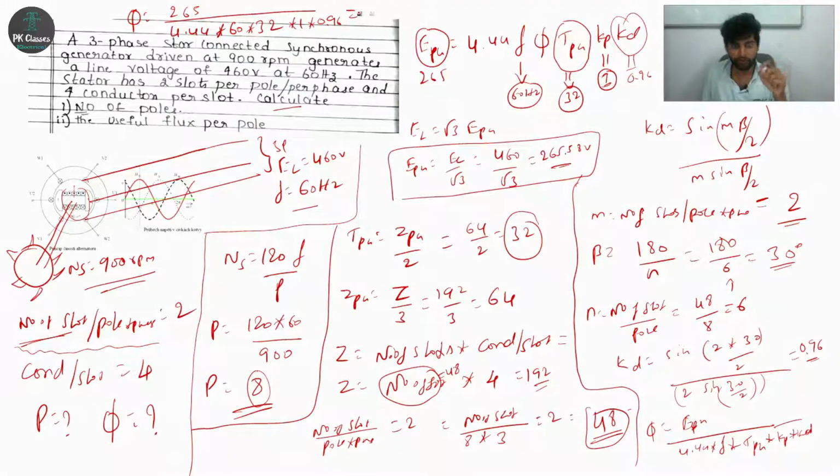Finally, flux is equal to 0.0321 webers. So the flux produced by this rotor field winding is 0.0321 weber. In the examination, the Kd value will be given directly, because they mentioned in the syllabus that distribution factor and pitch factor calculation and derivation are not there.